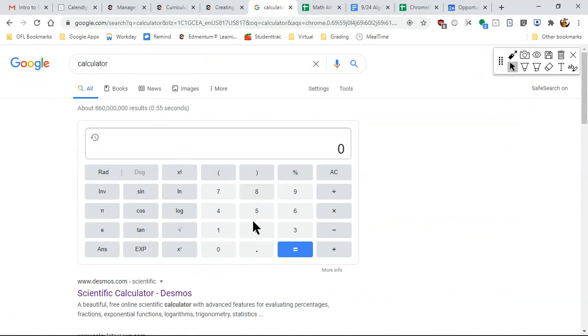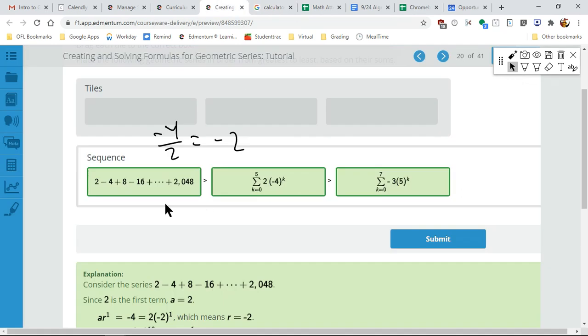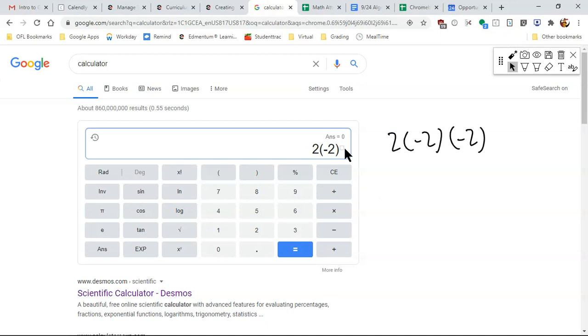I could have done 2 parentheses -2 and then just tried out numbers for the exponent. Because what I'm doing here is instead of doing 2 times -2 times -2 over and over and over again, I can just try a random number until I get to this number right here. I could have done something like, let's say I was like, oh, I'm going to try 9.